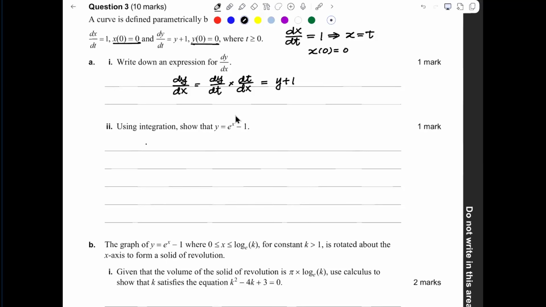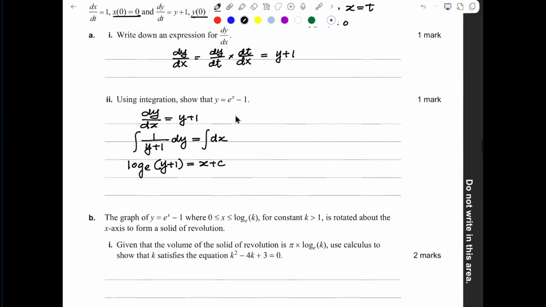What I'll do is dy/dx equals y plus 1. Then 1 over y plus 1 dy equals dx. So you actually get log e of y plus 1 equals x plus c. I know a lot of you would need to add absolute value here.